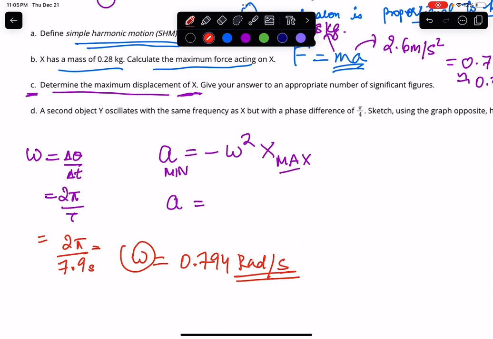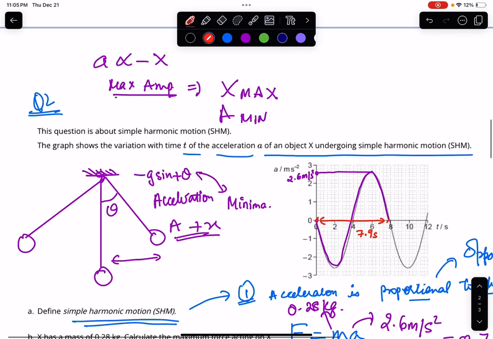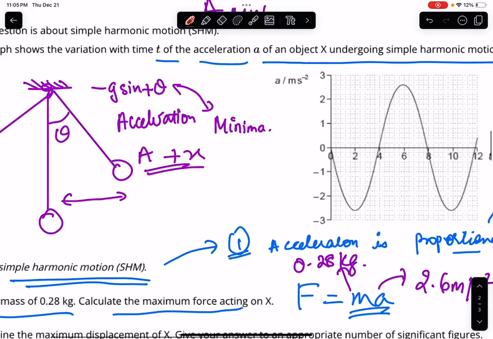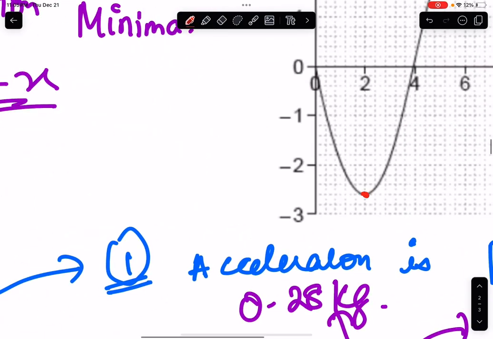Once you get this value for omega, then you can simply substitute it. And we clearly find that the acceleration we need to use is the minimum acceleration. If we go into this acceleration-time graph, we can simply find our minimum acceleration. Let's pick up this value.